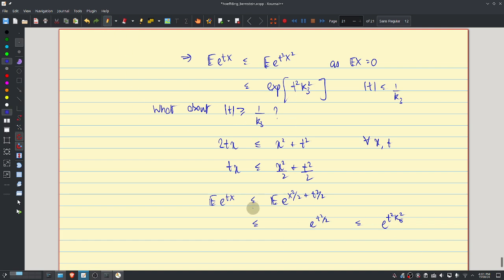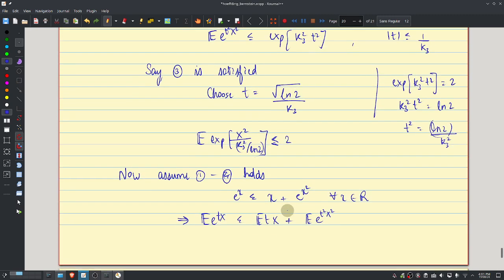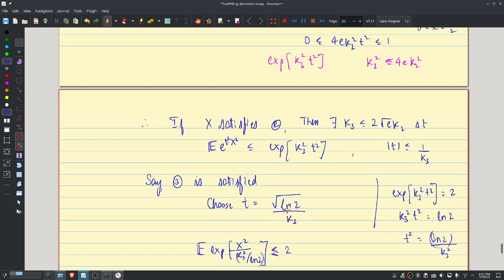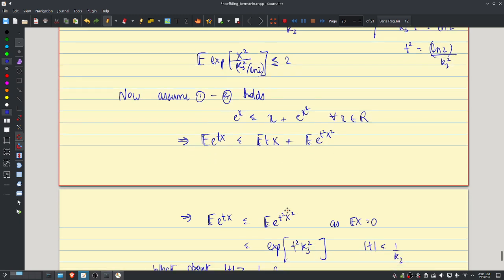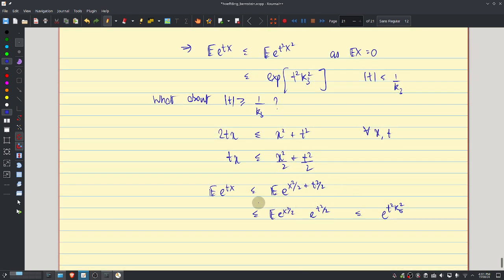So this is expected value of e to the power x square by 2. Loosely speaking, I'm using property 3, I guess. Sorry, property 4. So that will become 2, right? When we are choosing ln, we will choose ln e instead. It doesn't really matter. So I can just show that this is at most some universal constant c.